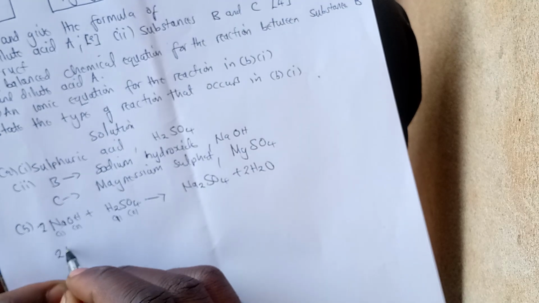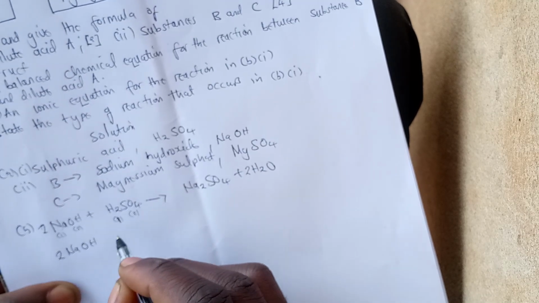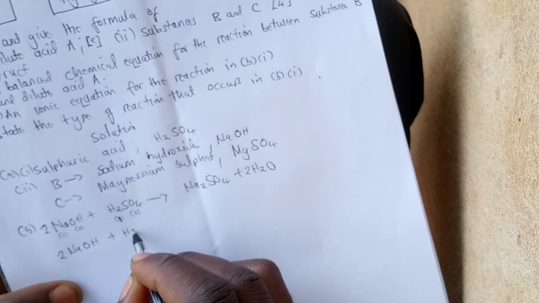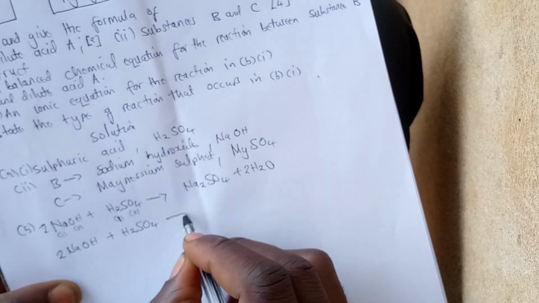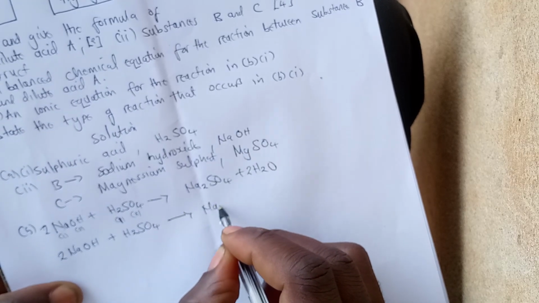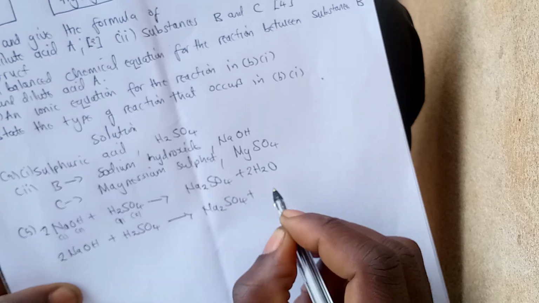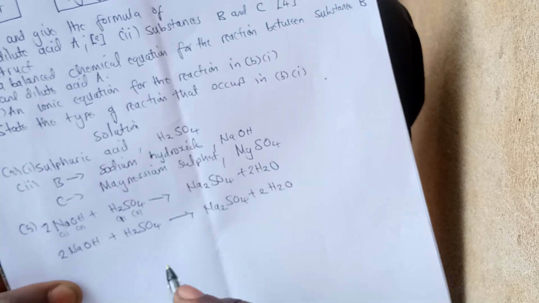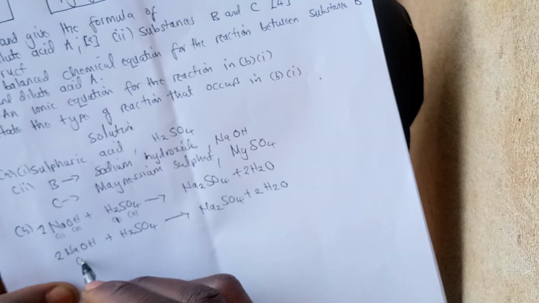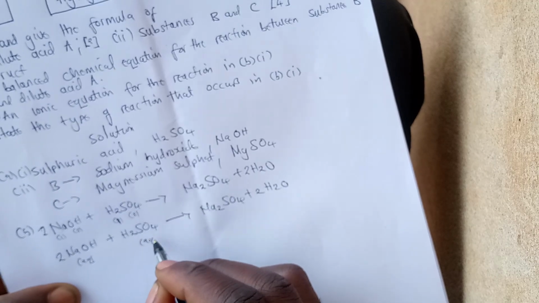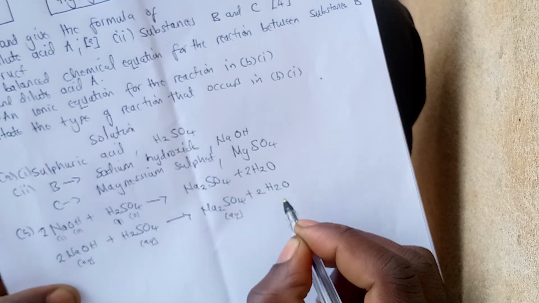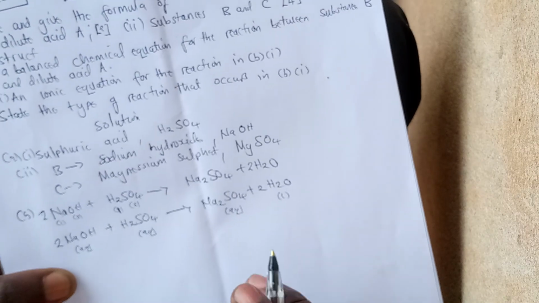We can say 2NaOH plus H2SO4 is equal to Na2SO4 plus 2H2O. If they ask for state symbols, this is aqueous, aqueous, aqueous, liquid.